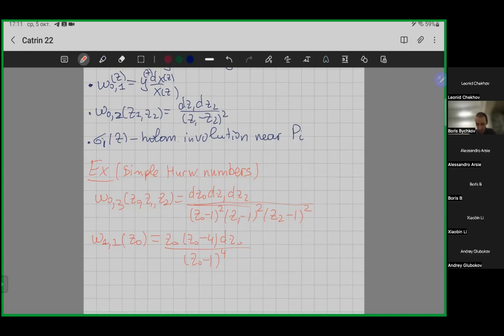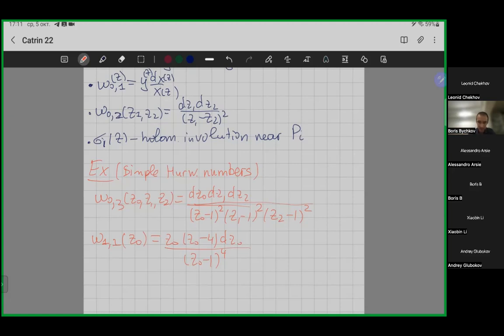If you now change variables to x, z of x, and expand at the origin, the point x equal to 0, the Taylor coefficient in front of the monomial will give you simple Hurwitz numbers.